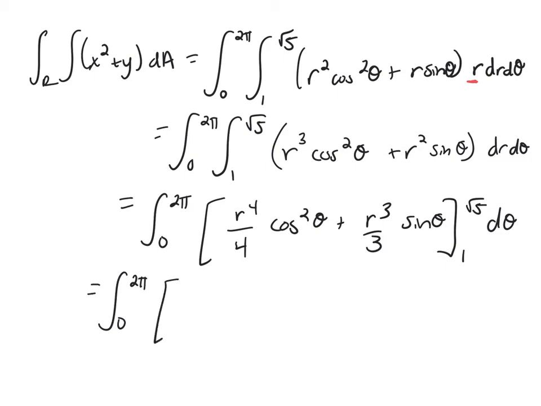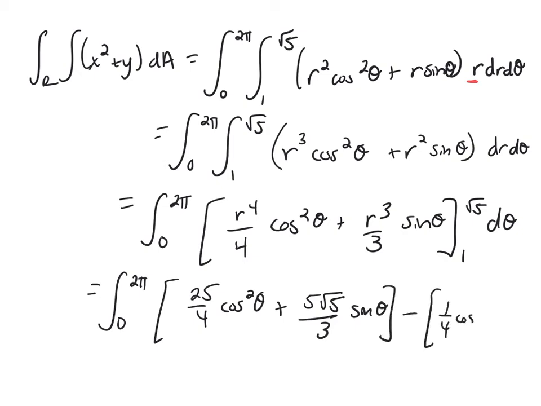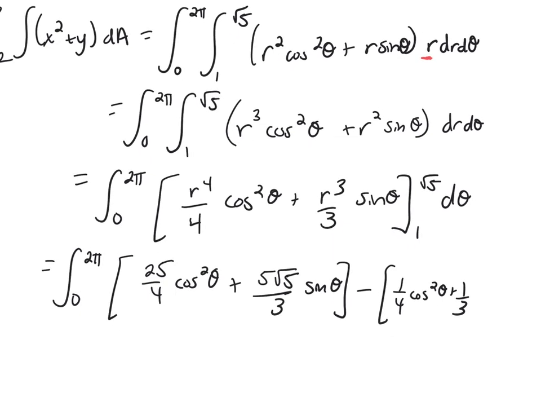If I plug in square root of 5 to the 4th power, I'll get 25 over 4 cosine squared theta plus 5 square roots of 5 over 3 sine theta, minus 1/4 cosine squared theta plus 1/3 sine theta. And then I guess I should have some parentheses here, d theta.